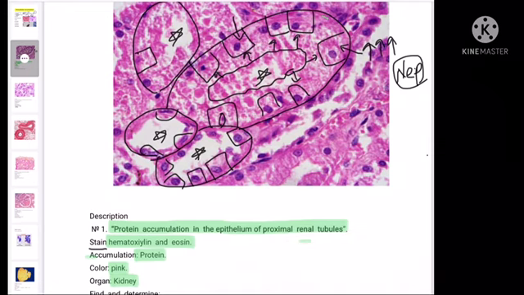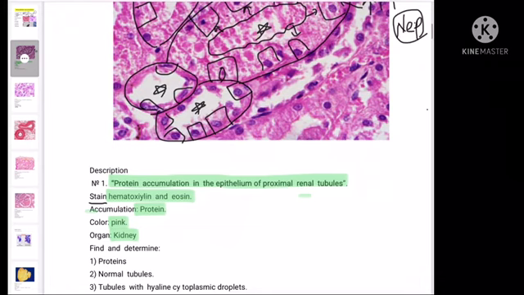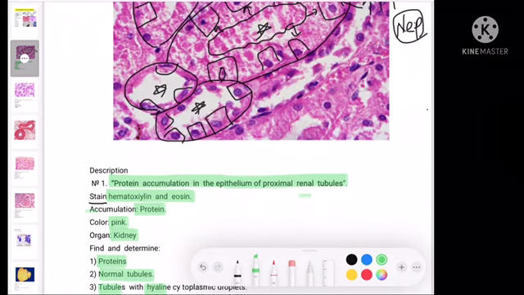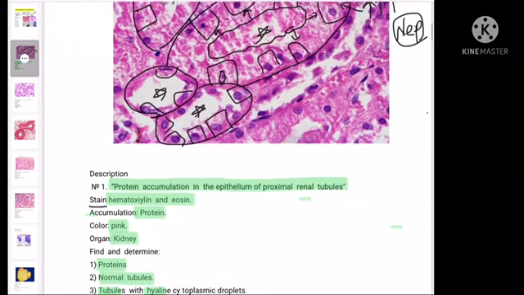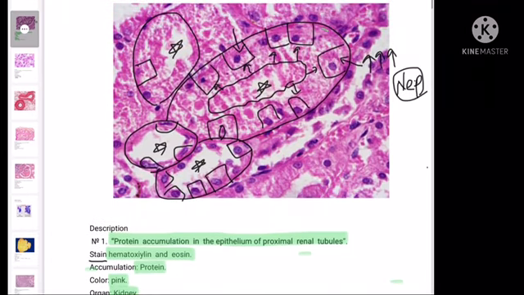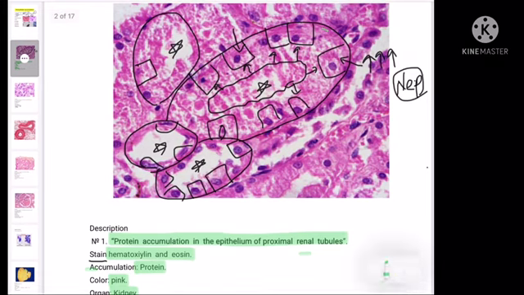Now what are they asking further? They are asking to show the protein location, to show the normal tubule, and to show the tubule with protein. Now let's go back to the image. See, where is the protein? These are the protein inside.